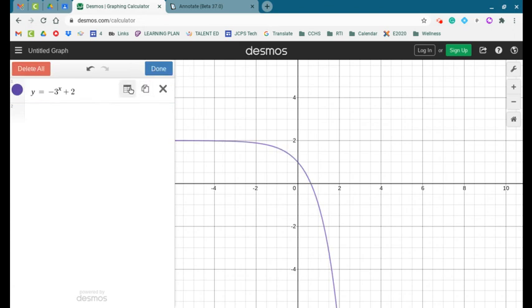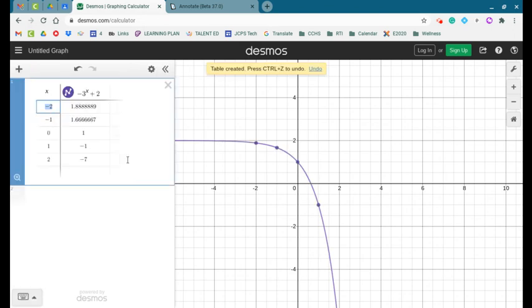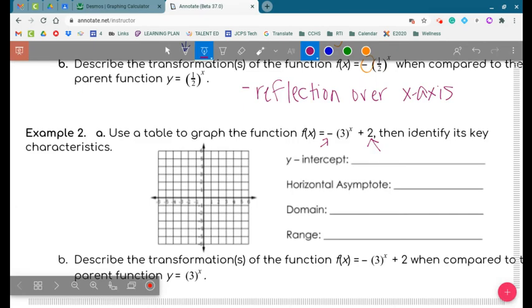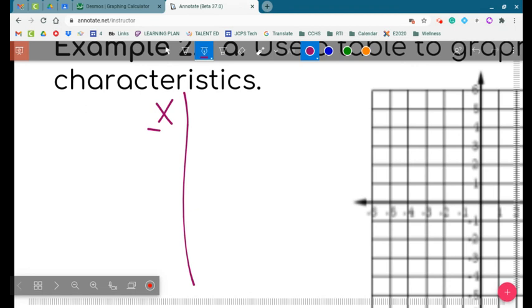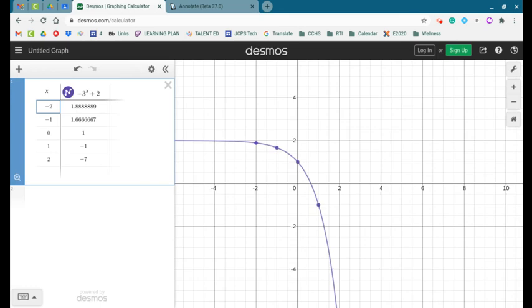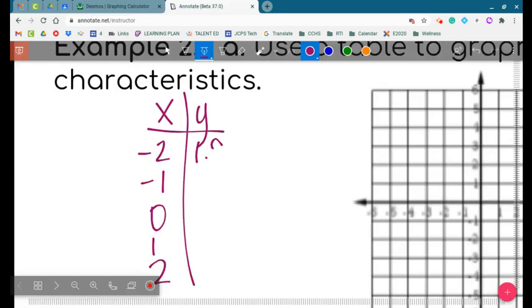So let's get our table. Negative 2, negative 1, 0, 1, 2. So we got 1.9, 1.7, 1, negative 1, negative 7.